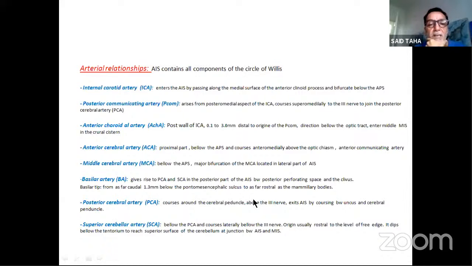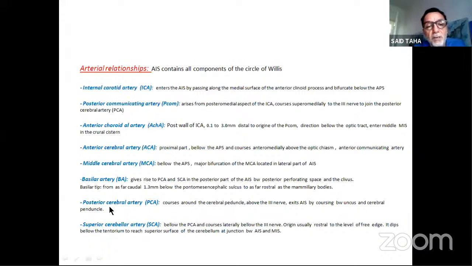The basilar artery gives rise to the posterior cerebral artery and superior cerebellar artery in the posterior part of the anterior incisural space between the posterior perforated substance and the clivus. And the basilar tip can be as far caudal as 1.3 millimeters below the pontomesencephalic sulcus to as far rostral as the mammillary body.